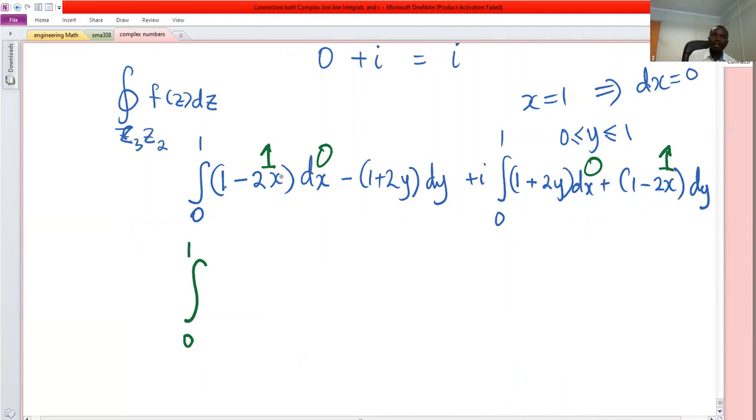So we'll have 1 minus 1 times 0 is 0, so this part will not be there. All these will go to 0.